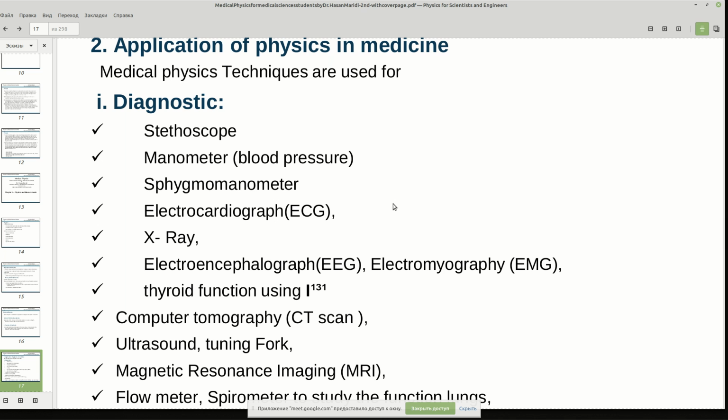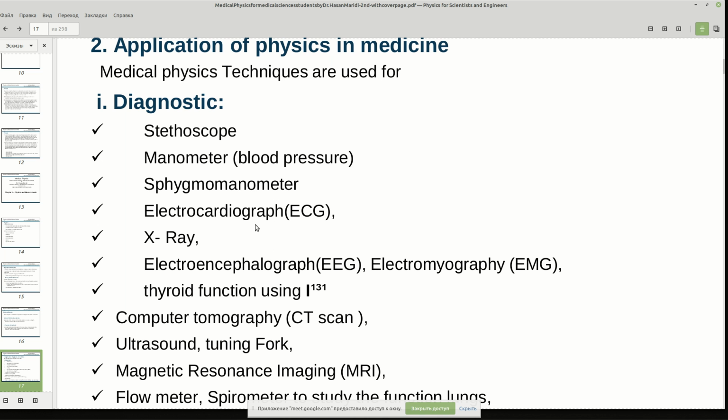Manometer, for blood pressure, a really good technique, very useful in everyday medical life. Sphygmomanometer, another good technique. Electrocardiograph, ECG. Yes, every hospital has this.